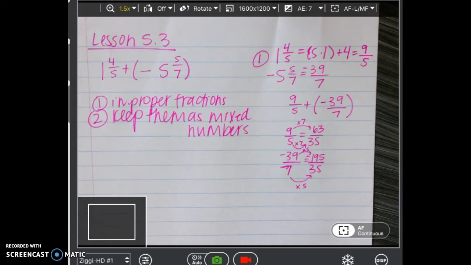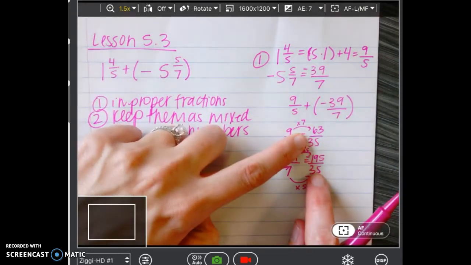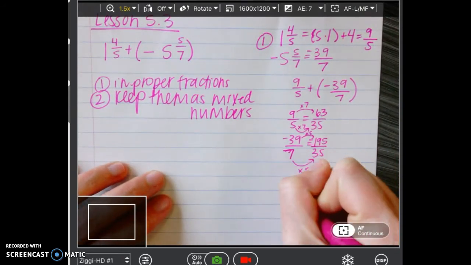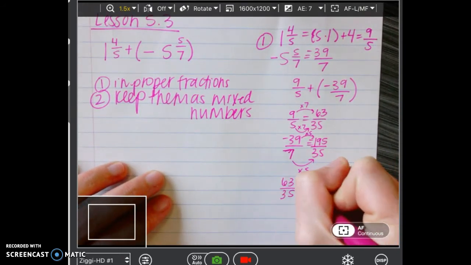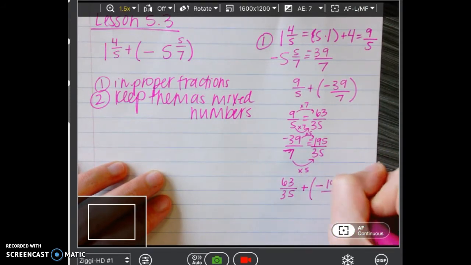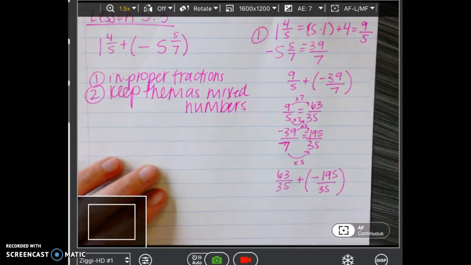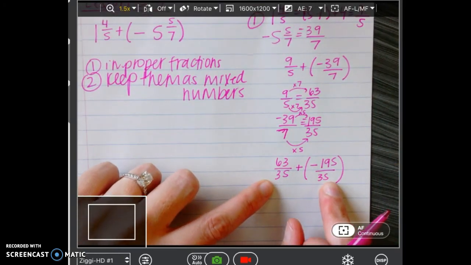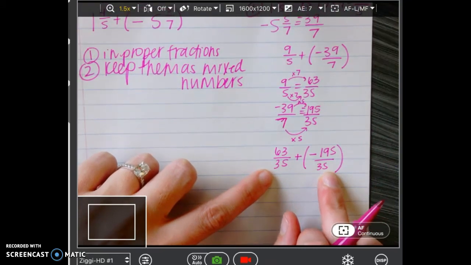That's right. So now that they have the same denominator, that means the piece sizes are the same. So now I can add them. So 63 over 35 plus negative 195 over 35. So now since I'm adding and one is negative and one is positive, I'm actually going to need to subtract them, right?